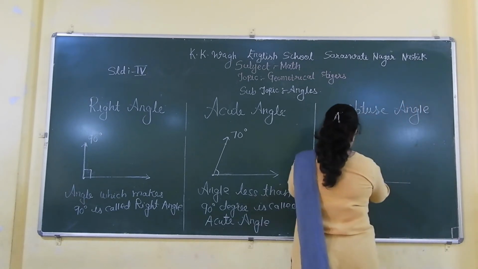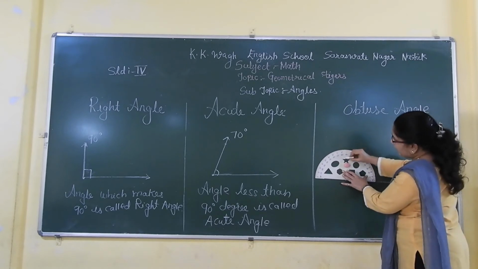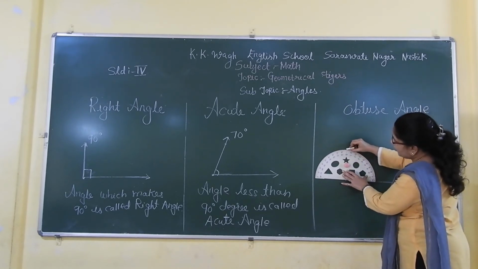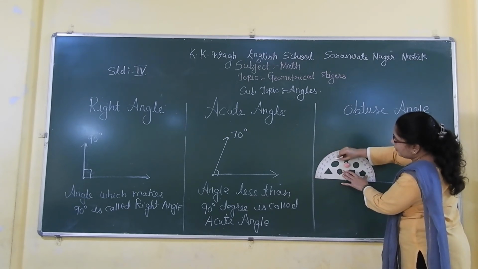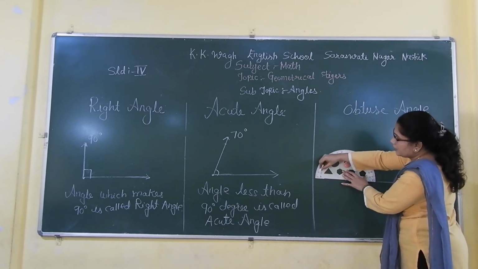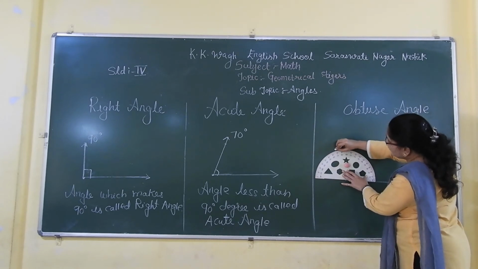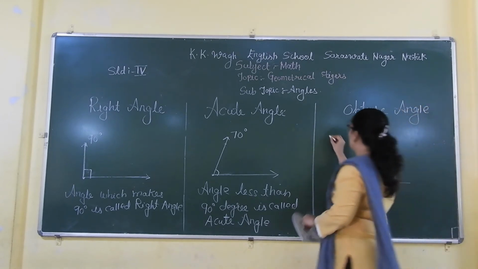Then again we will put an arrow here and we'll measure it properly like this. This is 90 degrees. If we put a point, this is 100, this is 110, 120, 130, 140, 150, 160, 170, 180 degrees. Okay. We will put a point on 170 degrees here.